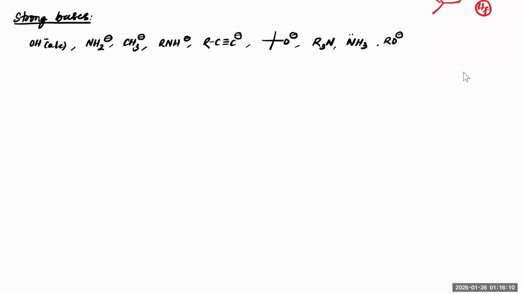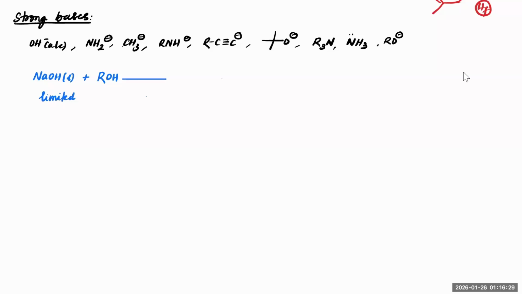So what does this alcoholic KOH mean? See, normally if I take NaOH in a liquid form and add it to an alcohol like ROH, this is in a limited amount, but ROH is not.